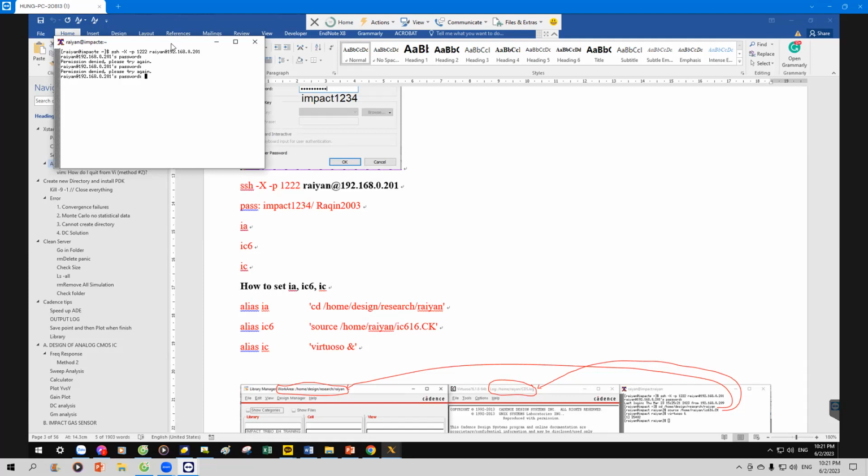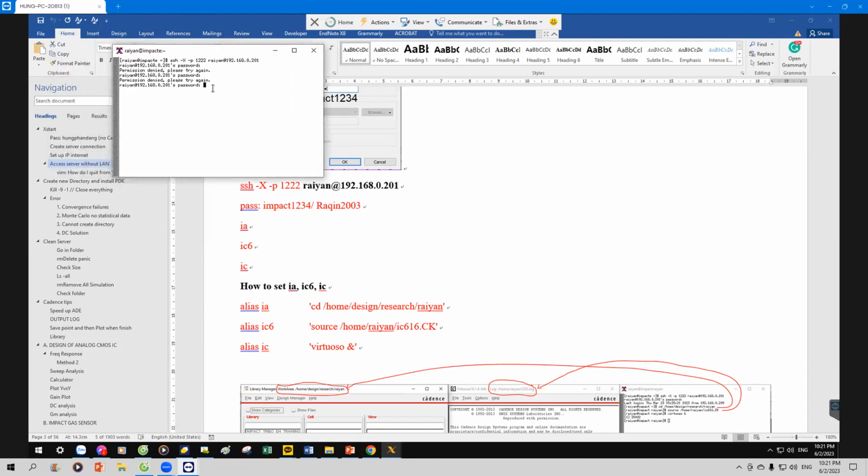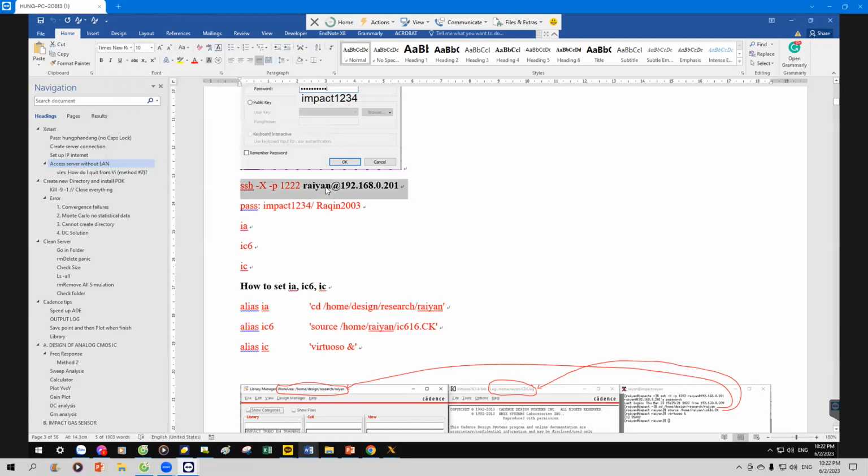Why did you change your password? Is this impact 1, 2, 3, 4? No, the first password is the first password. I didn't change any password. You did not change the password.